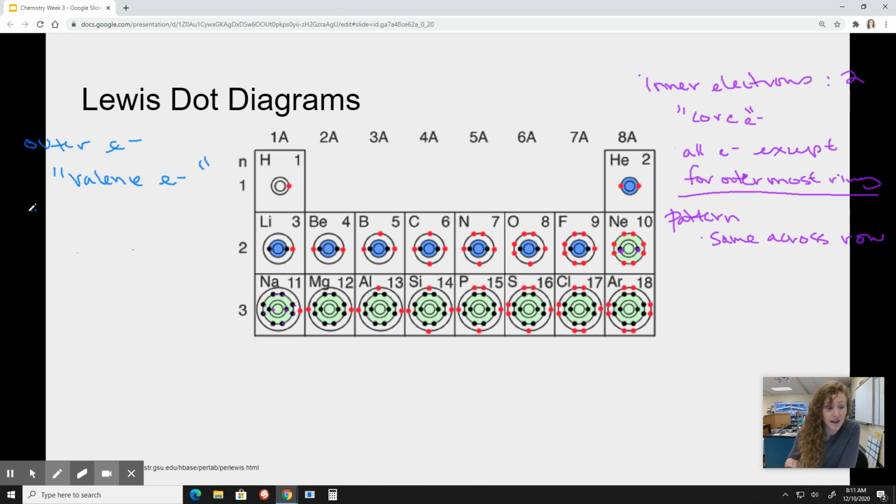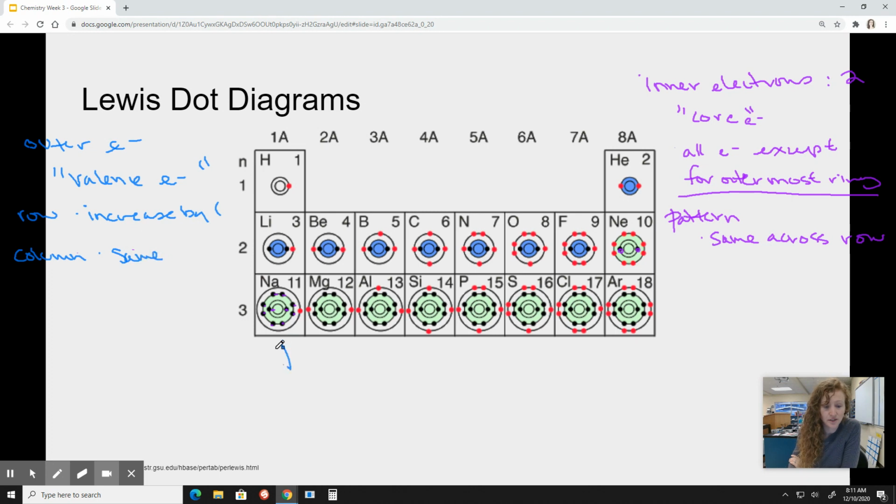Notice that in a row, those valence electrons always increase by 1. In a column, notice that the outermost electrons are very consistent.